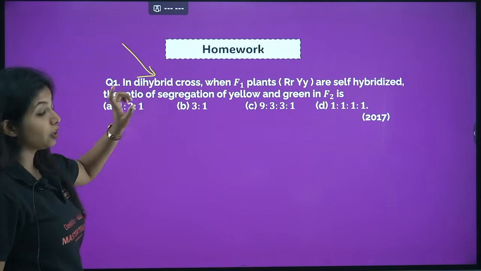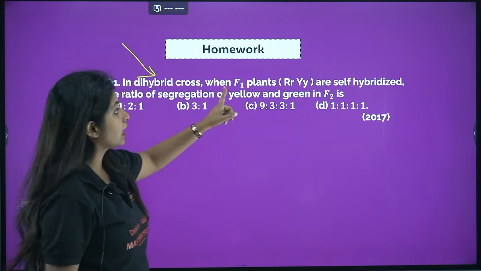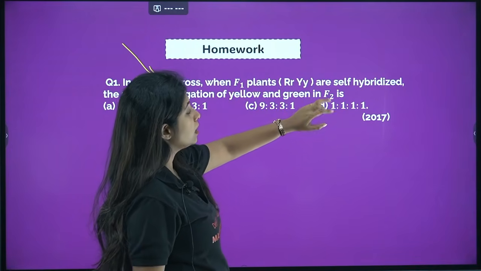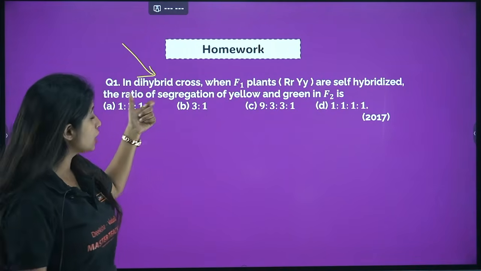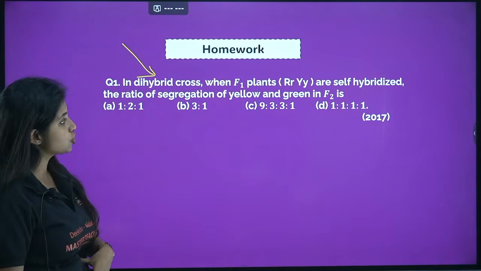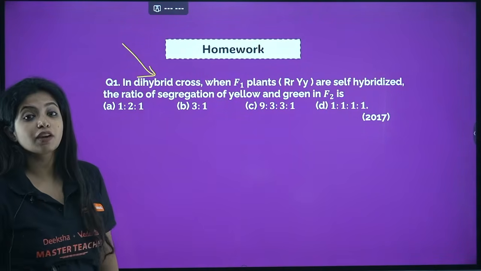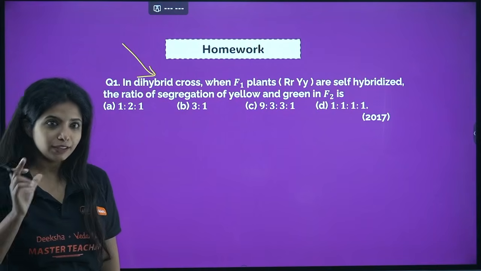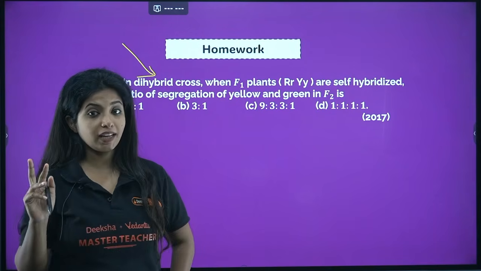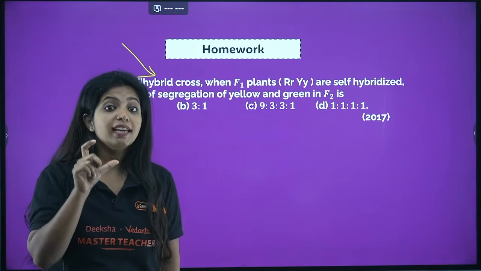So in a dihybrid cross, the F1 plants, that is capital R, small r, capital Y, small y, are self-hybridized. The ratio of segregation of yellow and green in F2 is? You are not being asked about both the characters, that is round and yellow. No. You're just asked about yellow and green.